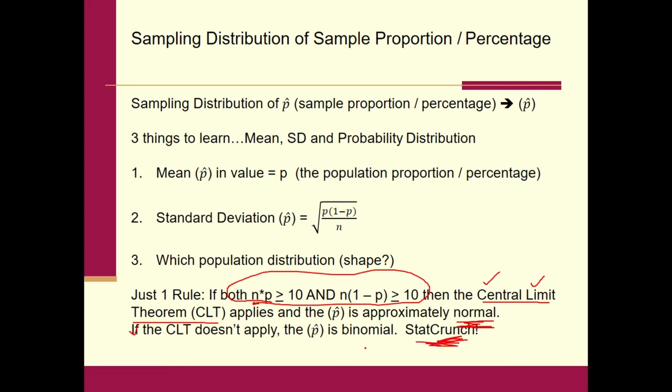Okay, there. Now, if students sometimes ask, what happens if the central limit theorem doesn't apply? What is p-hat then? Well, p-hat would be binomial, and the problem is that when we do inferential statistics, using the binomial is kind of tough at times.